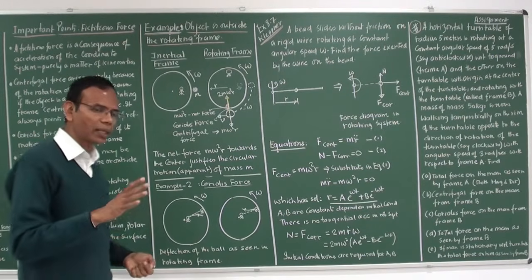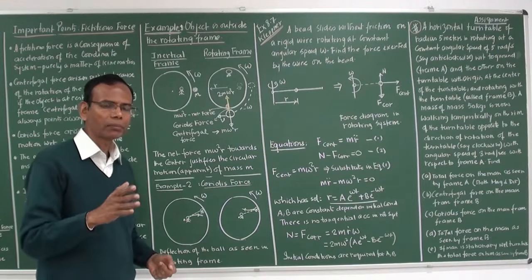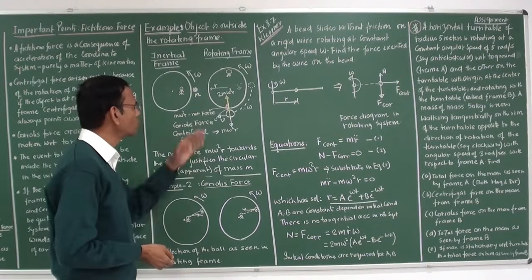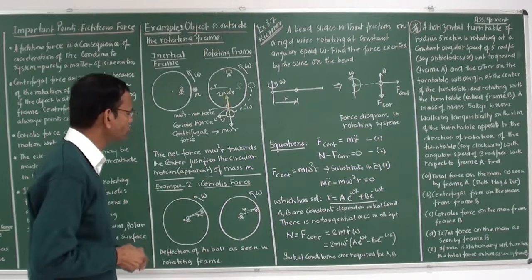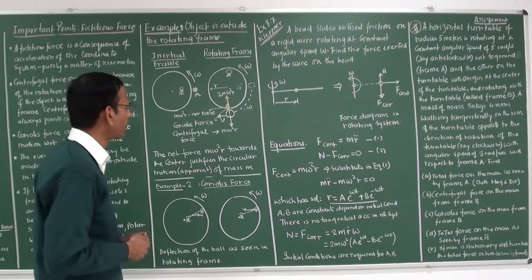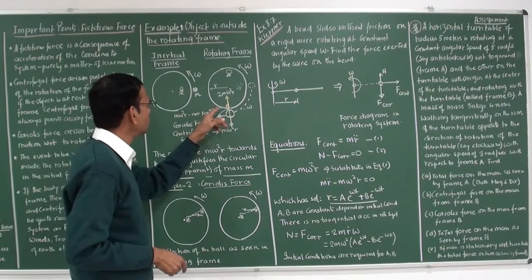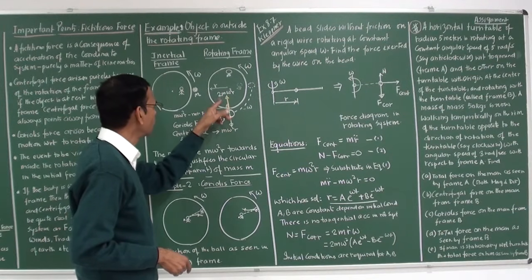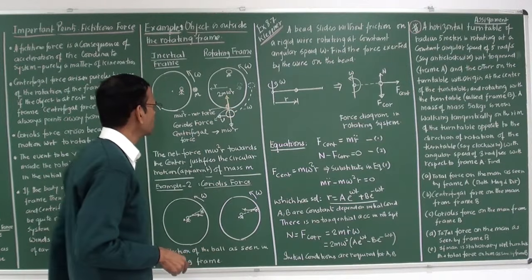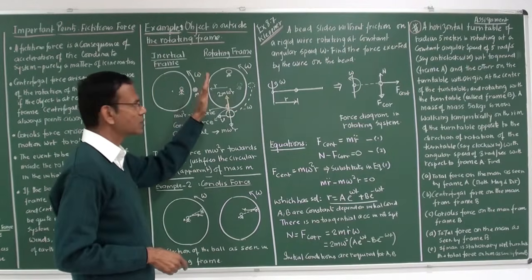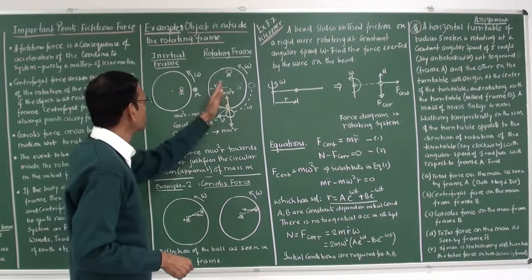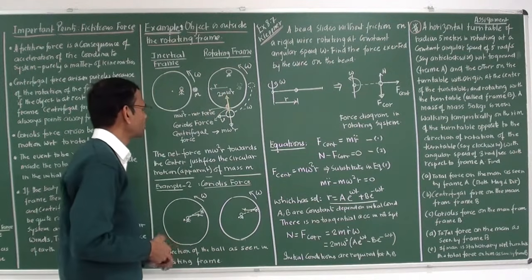So you calculate again minus 2m omega cross VR, that is your Coriolis force. Minus 2m omega cross v. You will see that you will get the magnitude as 2m omega square r in a direction towards the inside, the radial direction.